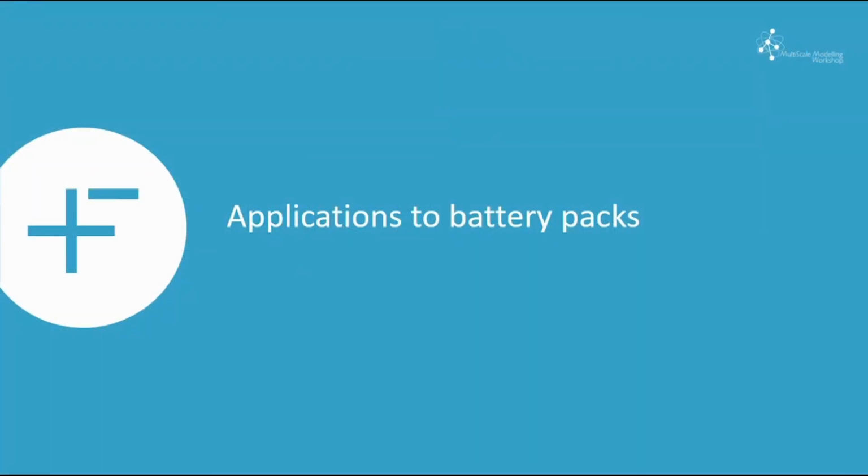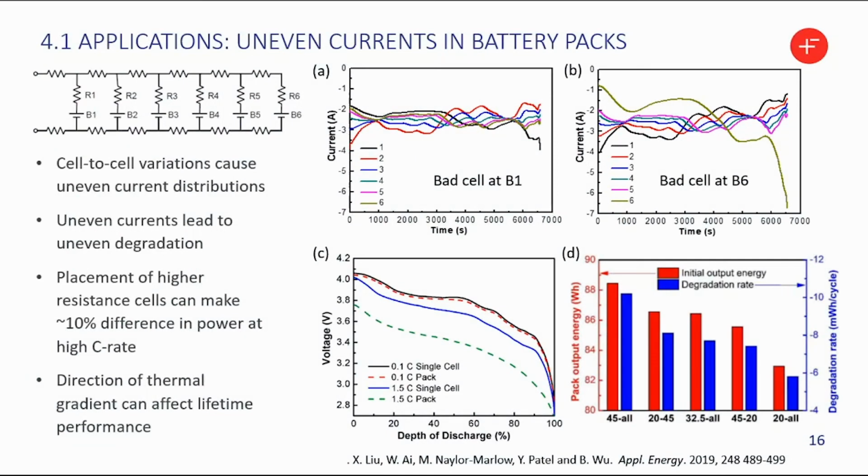Applications to battery packs. One work we have made is on the uneven currents in battery packs. We studied the cell-to-cell variations, which can cause significantly uneven current distributions among battery cells. The placement of bad cells can lead to 10% difference in power at high series.